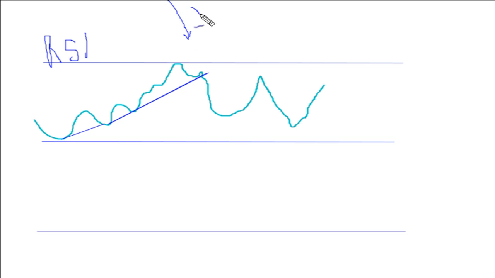Coming off the highs, prices went down after the RSI broke down there. This is where the RSI got in trouble, got admitted to the hospital. And so what we do is we draw a straight line like that.